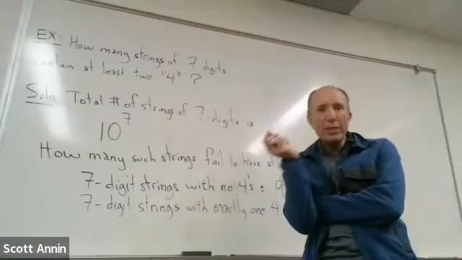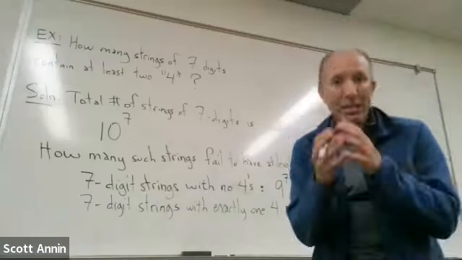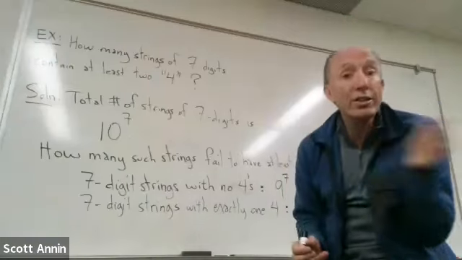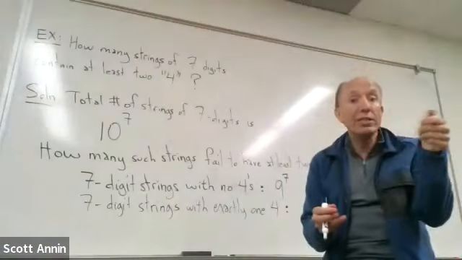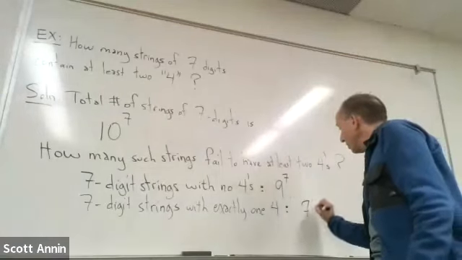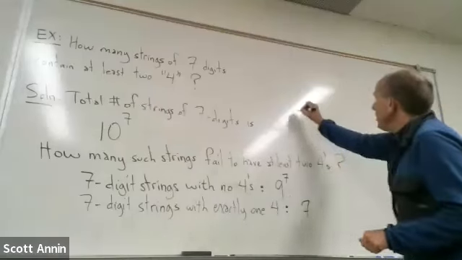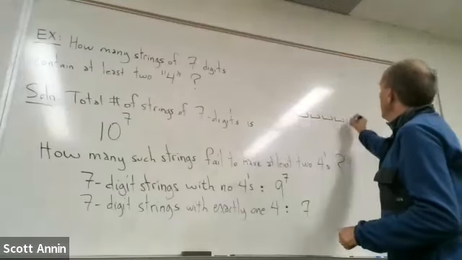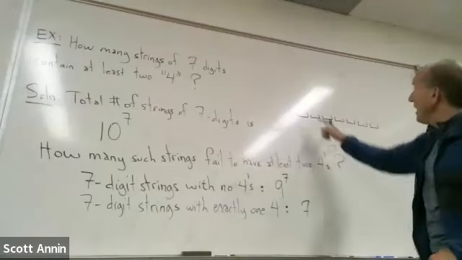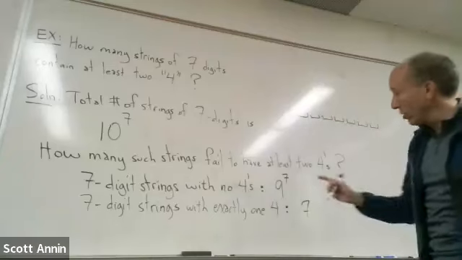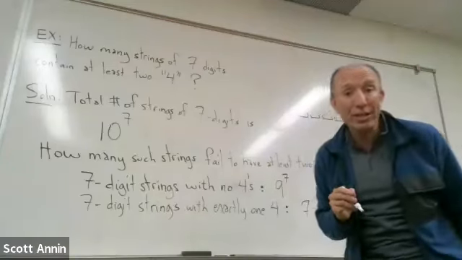So one of the tasks in building this string is to choose where that 4 goes among the 7 slots. I have 7 choices for where I put that 4. If you need to, visualize it with a picture of 7 slots. I have 7 different places where the 1 4 in my string could be.